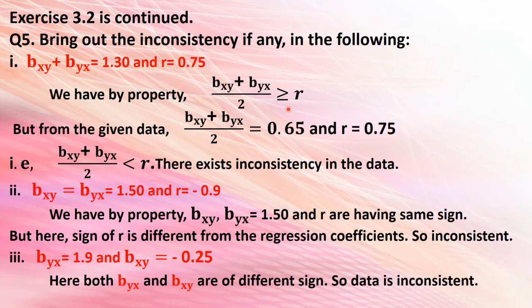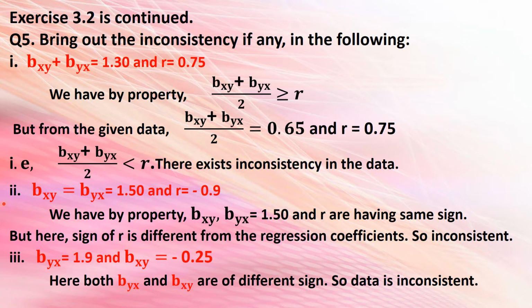And here in the given data it is (bxy plus byx) upon 2 is 1.30 upon 2, that is 0.65, which is less than the value of correlation coefficient, that is 0.75. So this does not satisfy the property.